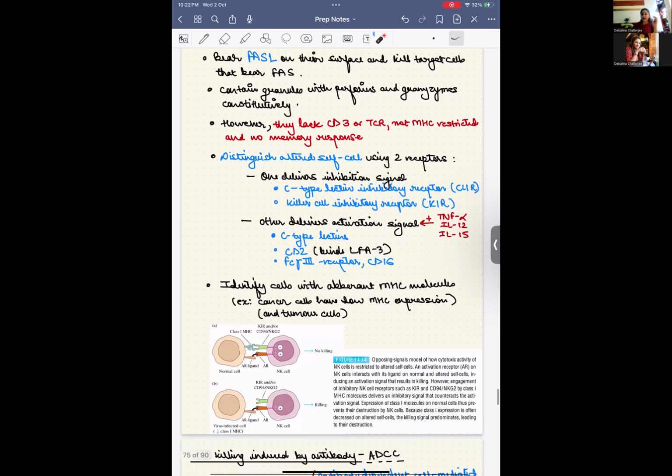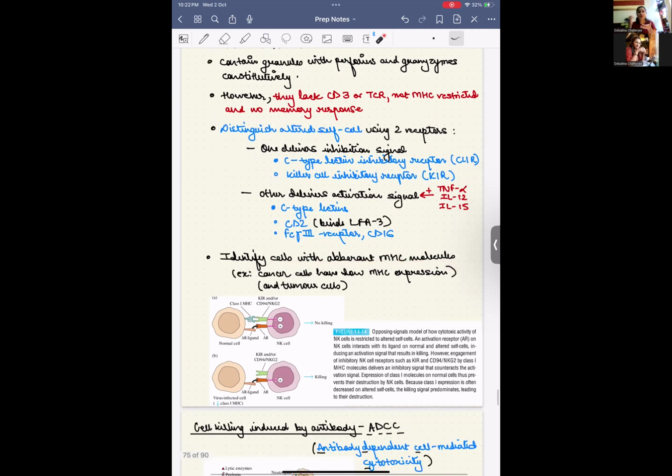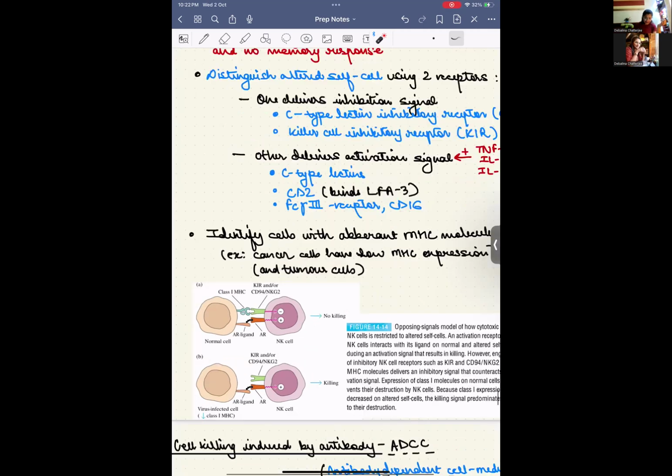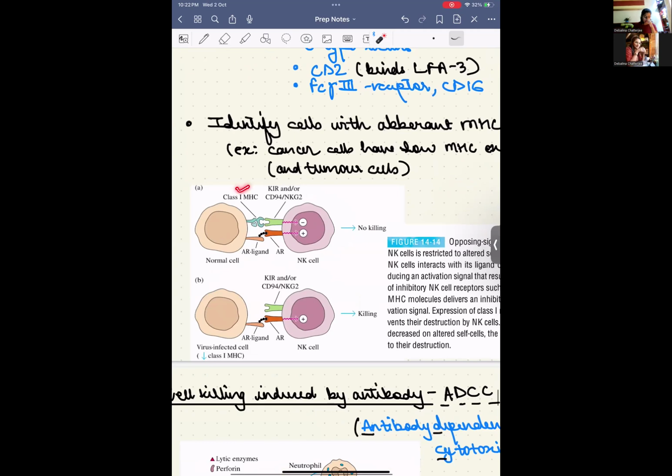Now, how do they identify a cell which is having a problem? NK cells are actually capacitated to recognize cells that have aberrant MHC molecules. So what happens? It's your cancer cell or the virus infected cell. The MHC class 1 expression is downregulated in your tumor cells, as well as if there is an intracellular viral infection, right?